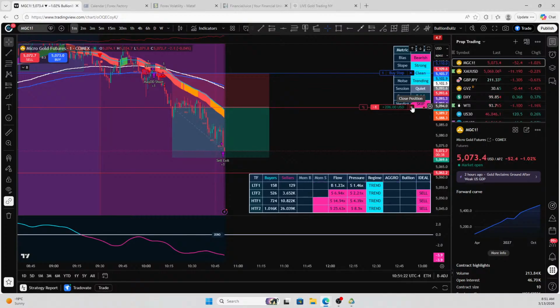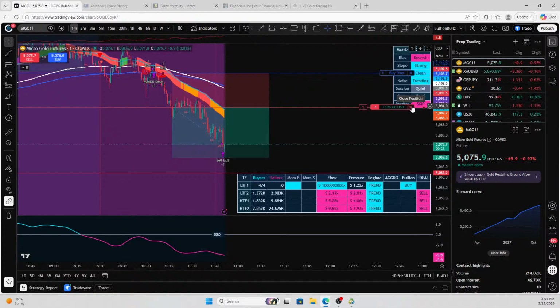Yeah, this is a good candle, guys. So if pressure keeps on increasing, we can hold it, but our TP is pretty much about to hit. Let's wait.